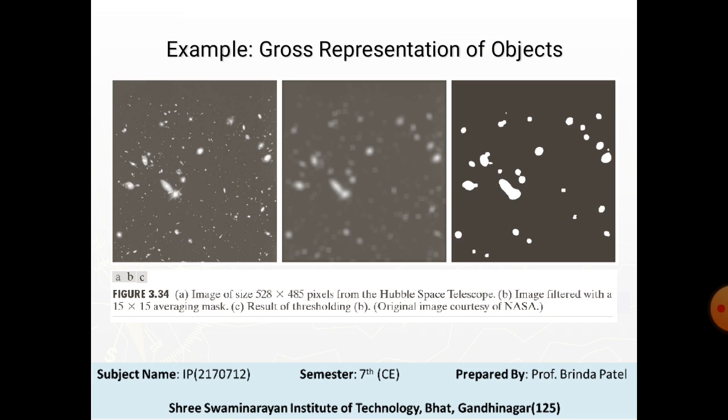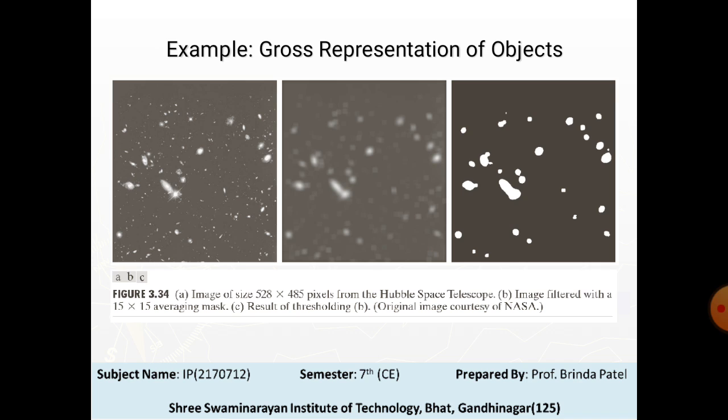As an illustration, consider this figure A, which is an image from the Hubble telescope in orbit around the Earth. Figure B shows the result of applying a 15 by 15 averaging mask to this image. So we see that a number of objects have either blended with the background or their intensity has diminished considerably. It is typical to follow an operation like this with thresholding to eliminate objects based on their intensity.